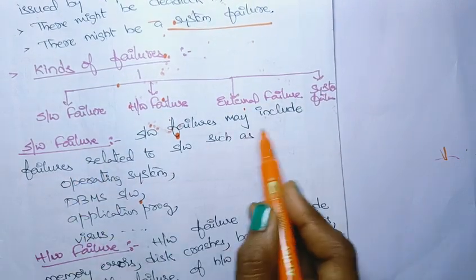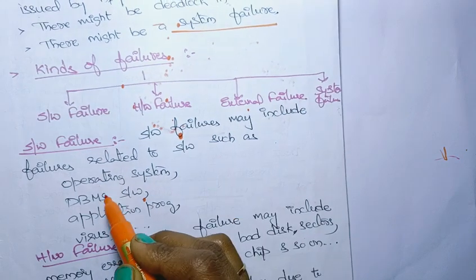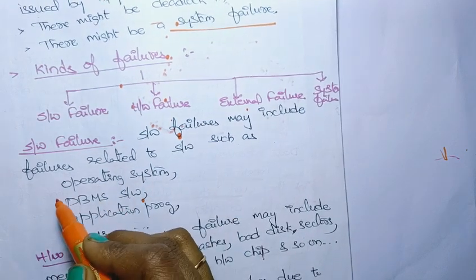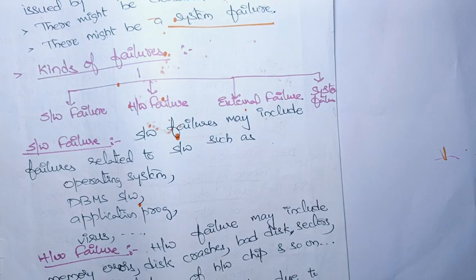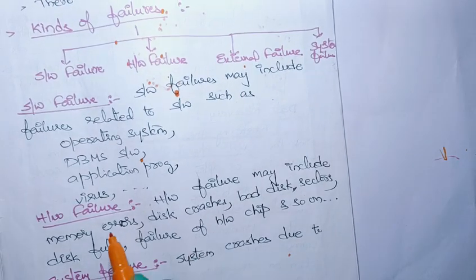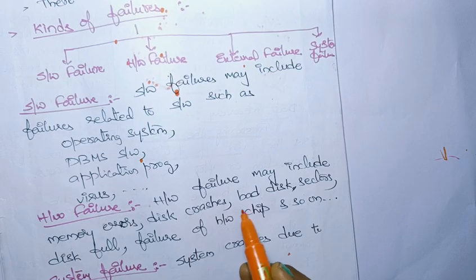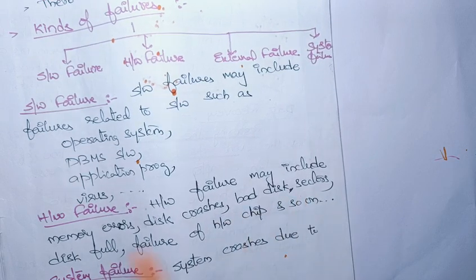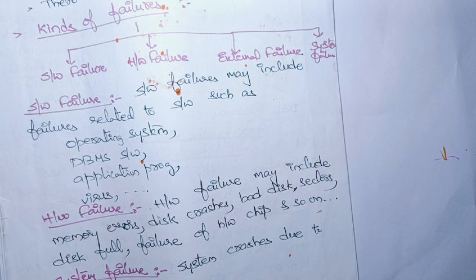Software failure means failures related to software. Software failures may be based on the operating system, DBMS software, application program, virus, and so on. Due to software failure also a transaction may fail. Hardware failure may include memory errors, disk crashes, bad disk sectors, disk full, failure of hardware chips, and so on.